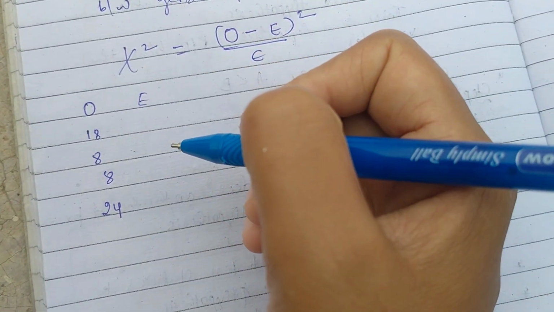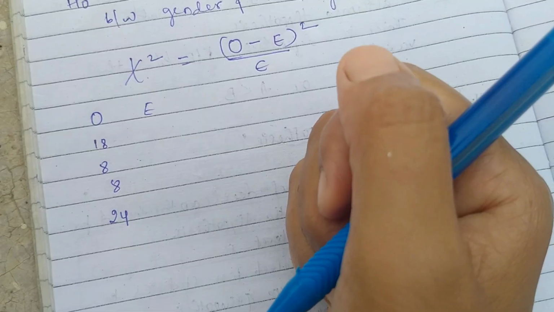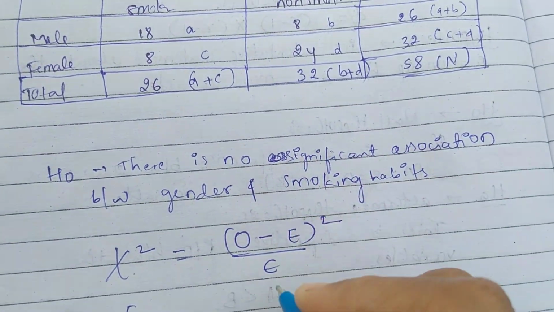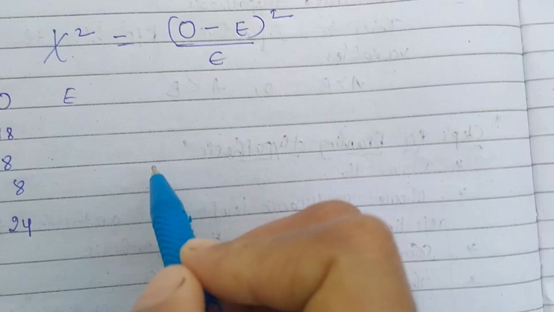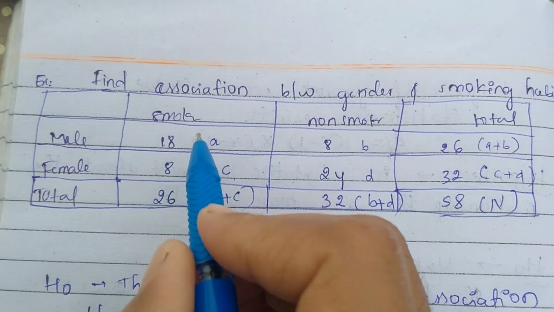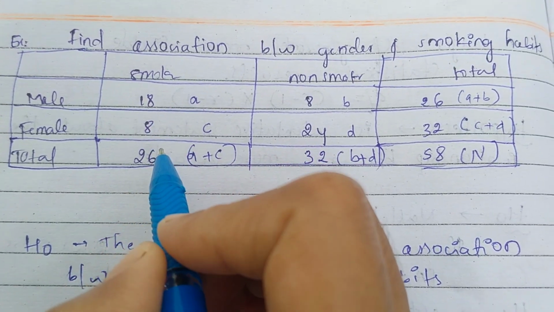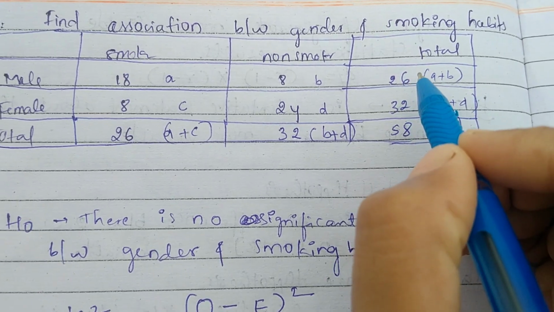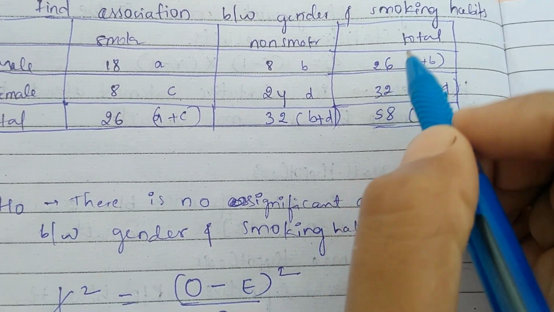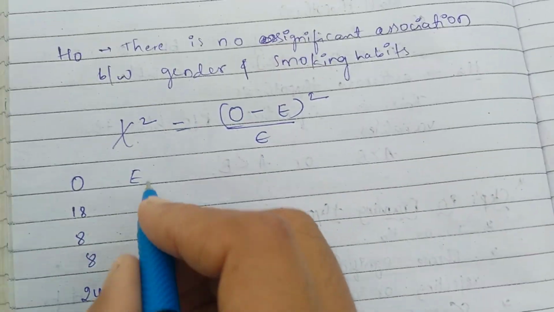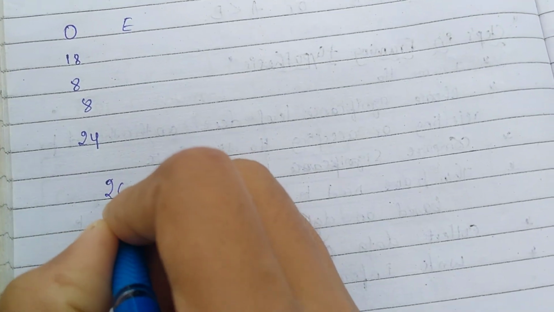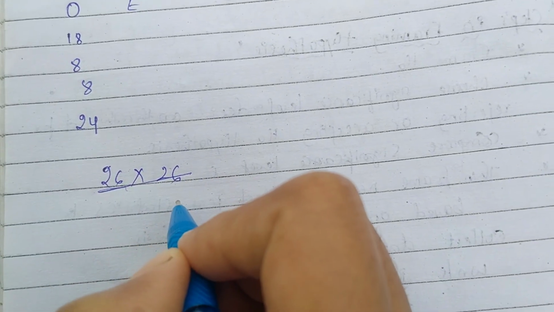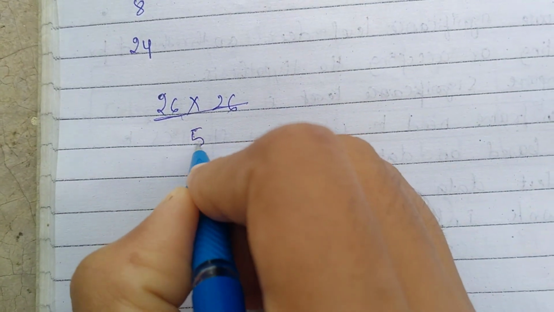To calculate the expected frequency, we'll go through the contingency table. First we have the cell 18, whose corresponding row total is 26 and column total is 26. So we multiply 26 into 26, divided by the total observations, 58.